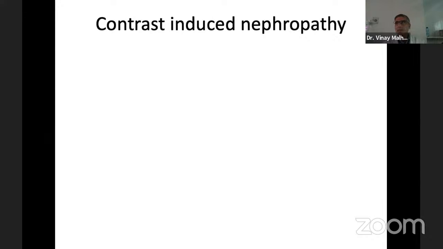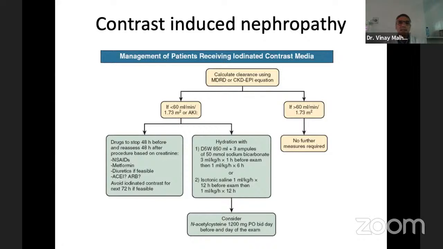So what about contrast? In our urology practice, we use contrast enhanced CT scan, we use intravenous urography. So most of our patients are subjected to contrast. So before subjecting any patient to contrast, it is always advisable to get the renal function test done. And if the patient is going to receive iodinated contrast media, we should follow this algorithm.